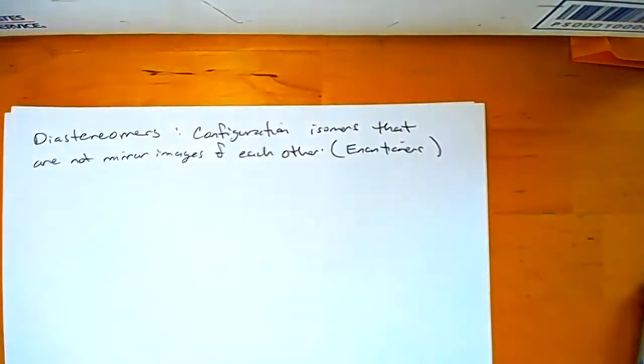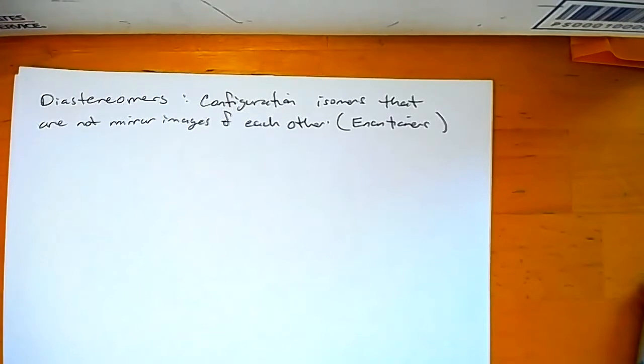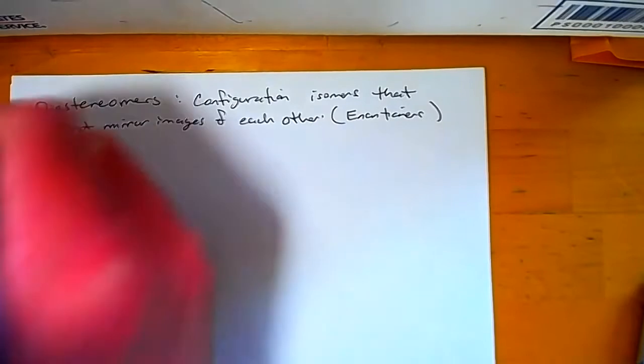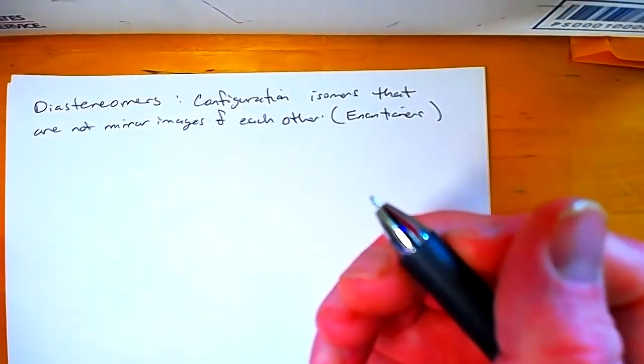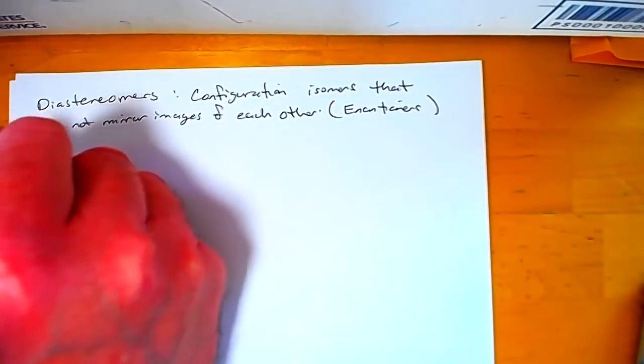Okay, now diastereomers are interesting in that you don't have to have necessarily a stereocenter to fall into this category. Okay, in fact, you can have molecules that are, well, technically not even chiral, okay, and fall into this situation.